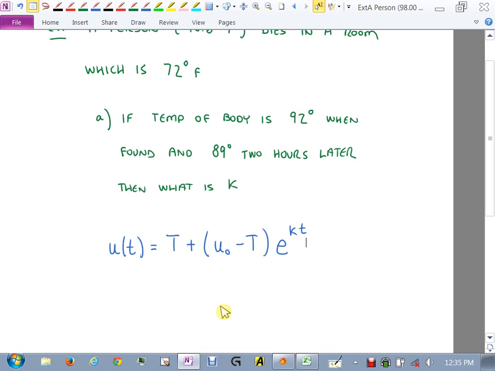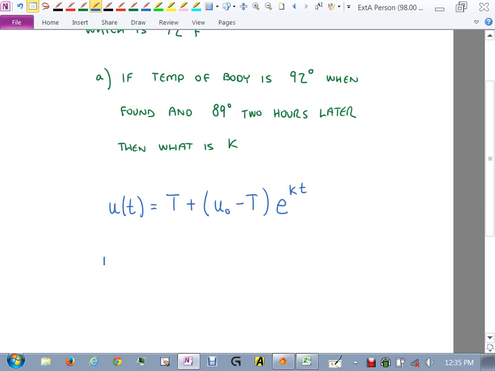Do we know anything else? Little u, or U naught, sorry. Temperature of the body at the original point in time, which would have been 98.6. So here's our function so far: 72 plus (98.6 minus 72) e to the kt.